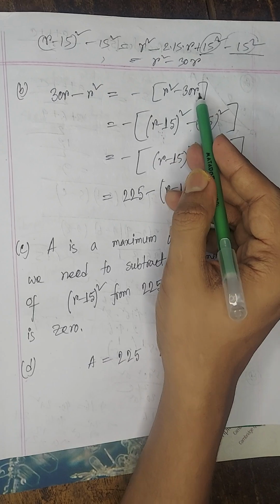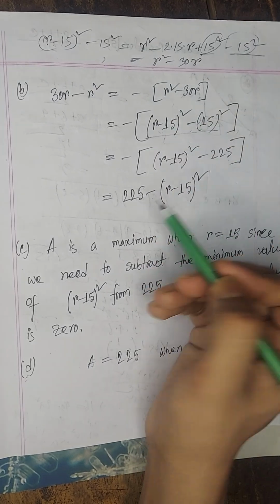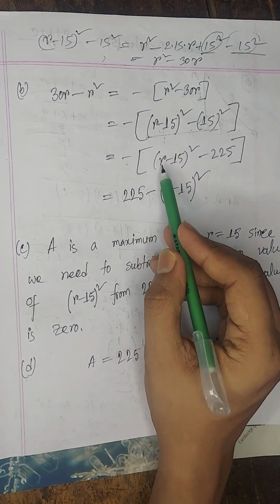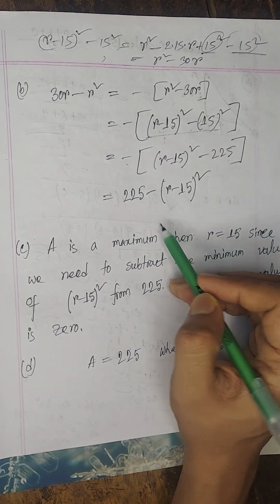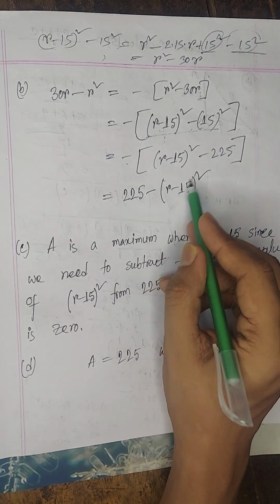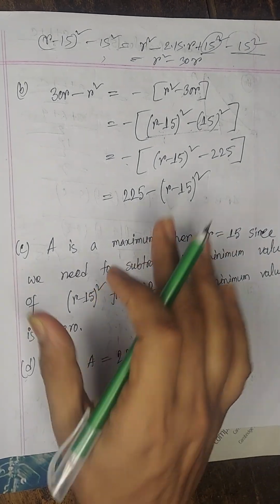Thus we write this expression from this. Now, minus the bracket (r minus 15) whole squared minus 225, then we get 225 minus (r minus 15) whole squared. This is our part B.